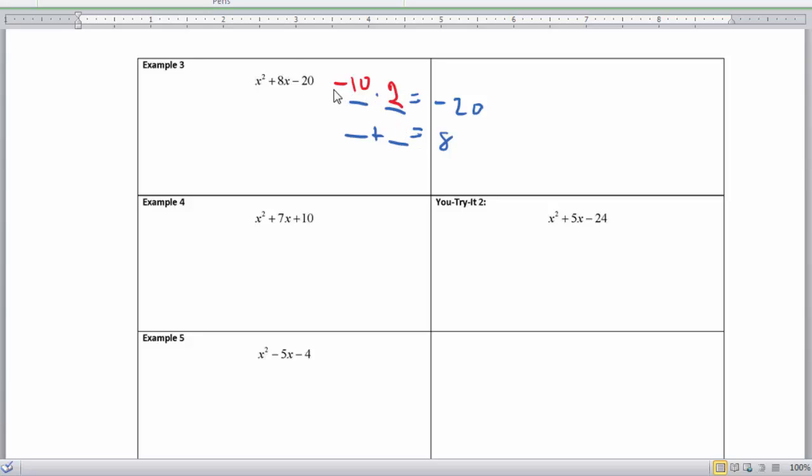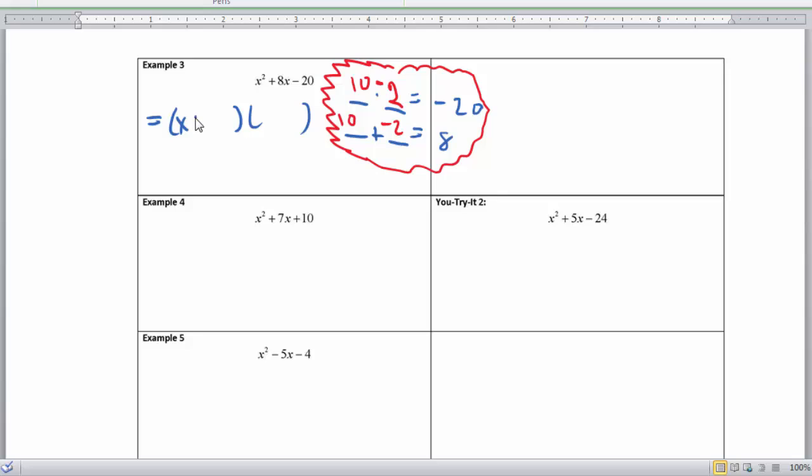I need a positive 8, so I have the wrong signs. So this actually should have been positive 10 and negative 2. 10 times negative 2 is negative 20, and 10 plus negative 2 would be 8. So then what does this factor into? It just factors into x plus 10 times x minus 2.